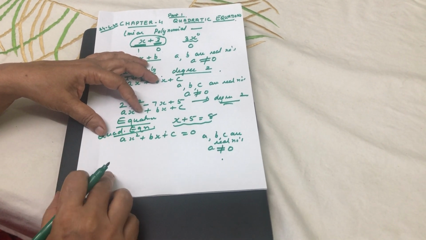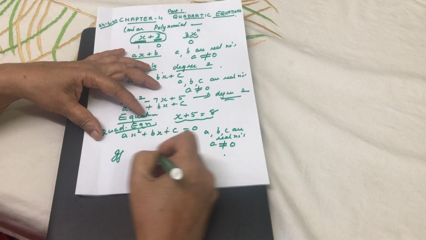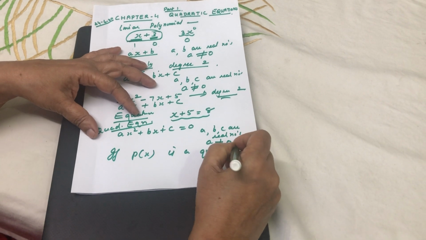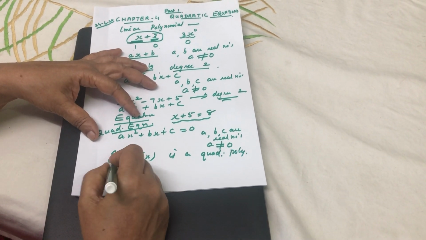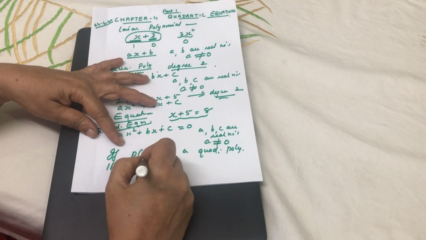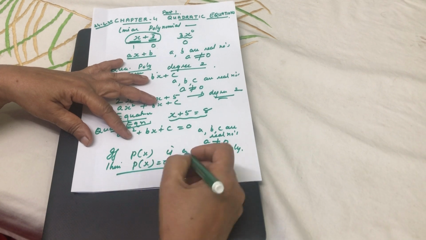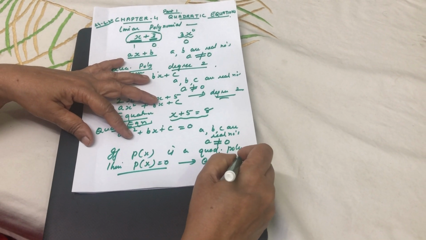If p(x) is a quadratic polynomial, then p(x) equal to 0 you can call a quadratic equation.